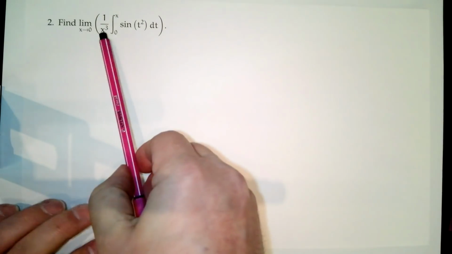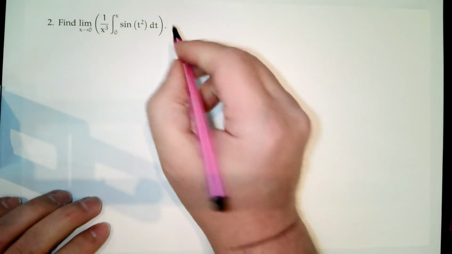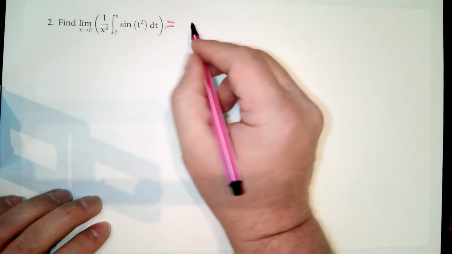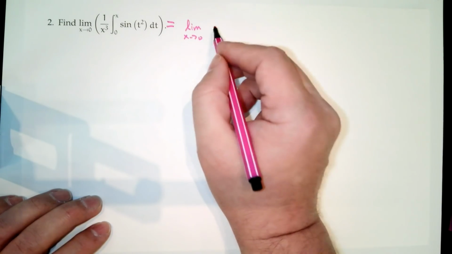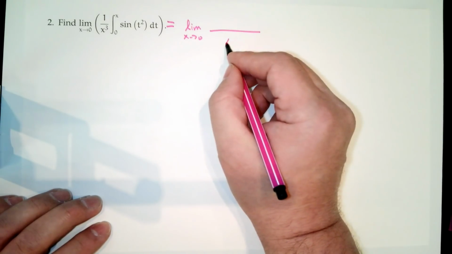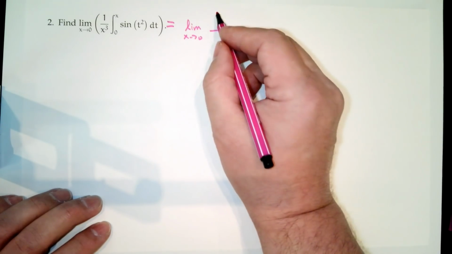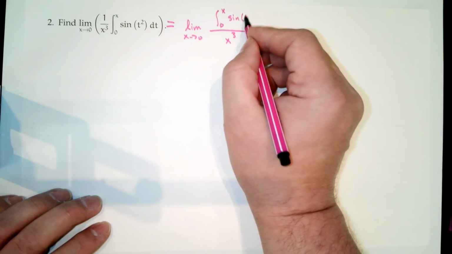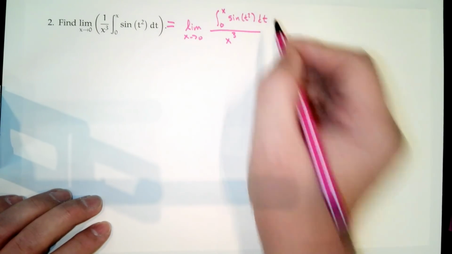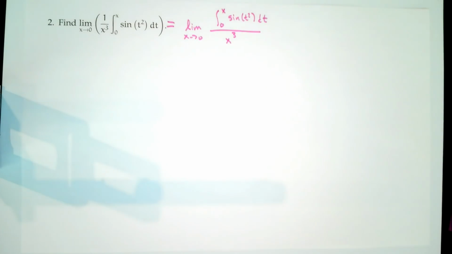use l'hôpital. Now, you might say, well, why are you bringing this point up? Well, this 1 over x cubed, integral from 0 to x, sine of t squared, another way it could have been written is that this is the limit as x goes to 0 of a fraction. Downstairs being the x cubed, upstairs being the integral from 0 to x, sine of t squared dt. All right, so that's what we have.